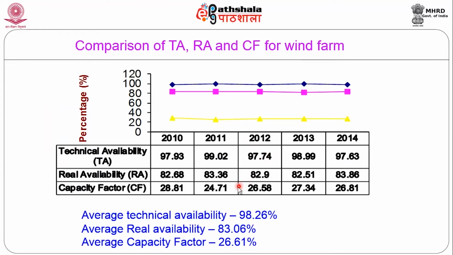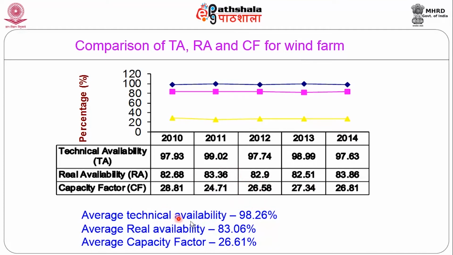And this is a comparison of technical availability, real availability and capacity factor for the wind farm. Over the years it is quite good: technical availability about 95% plus, real availability also quite good at 80% plus, and capacity factor about 25% plus.